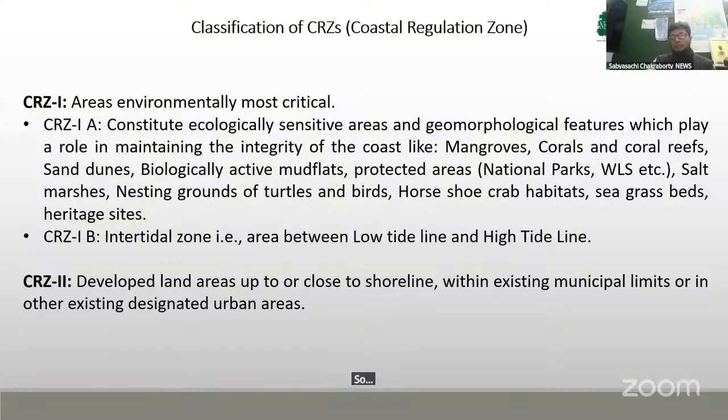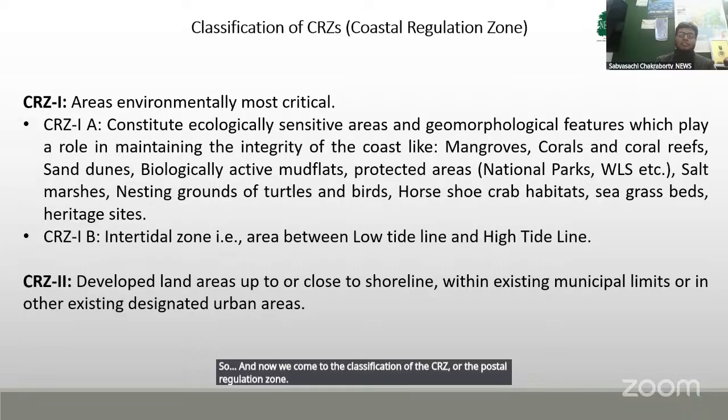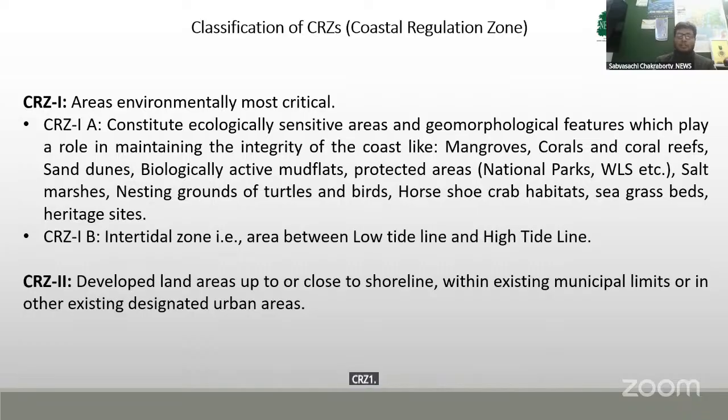And now we come to the classification of the CRZs, or the coastal regulation zones. CRZ1 is again subdivided into CRZ1A and CRZ1B.